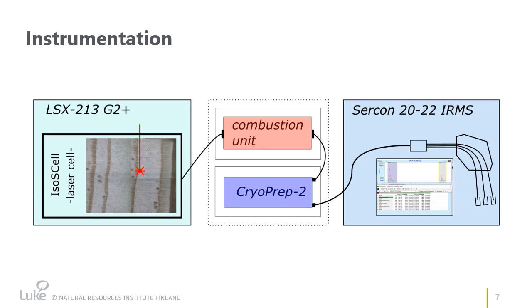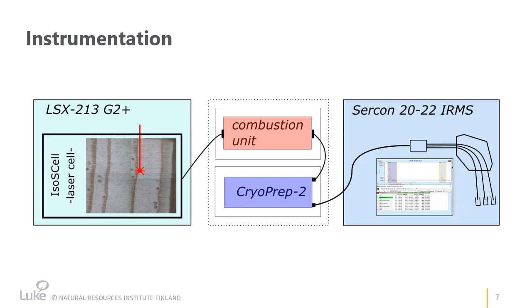So we have the solid sample in the laser cell, and we use the laser instrument to ablate the material. We use the combustion unit to turn this wood dust into gases, carbon dioxide, and a small amount of water. And we separate the water from the gas flow and use the cryoprep unit to collect the carbon dioxide.